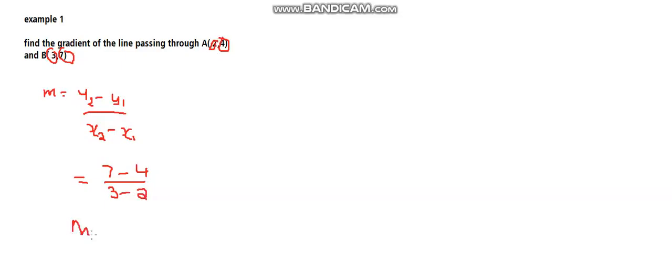So gradient is equal to 7 minus 4, we get 3, over 3 minus 2, we get 1. Therefore, the gradient is equal to 3.